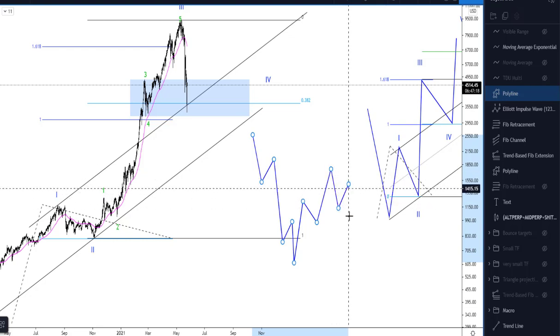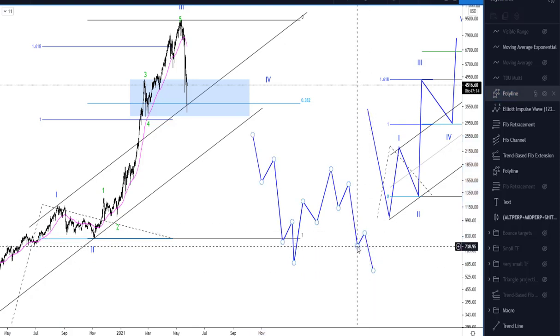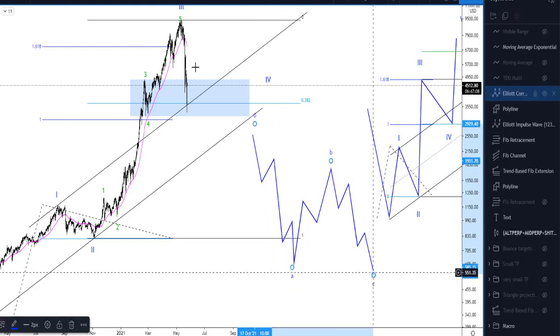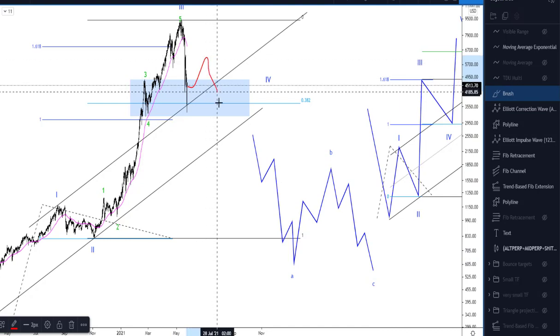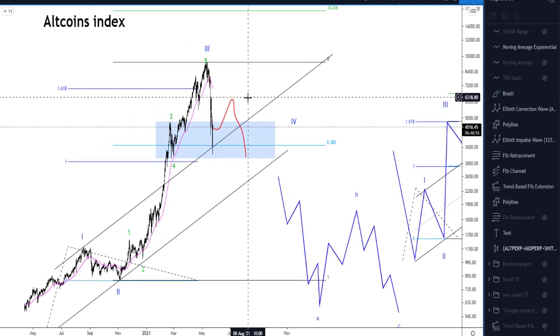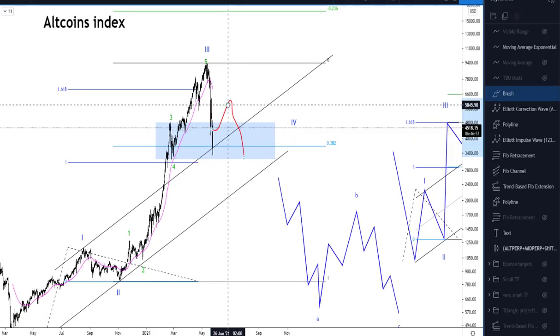And then you're gonna have another impulse, another 5 waves down. Okay, so it's gonna be there, your ABC retracement. So you're gonna do something like this. Okay, we're gonna retrace 50, 618 level, and then we're gonna go back down again, revisit this level, in my opinion, later on.